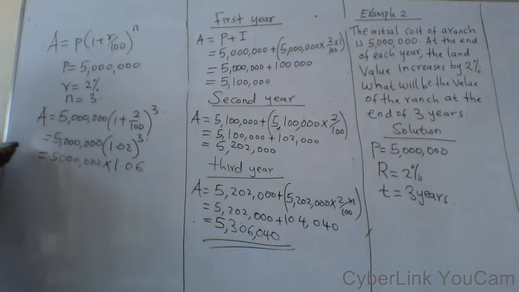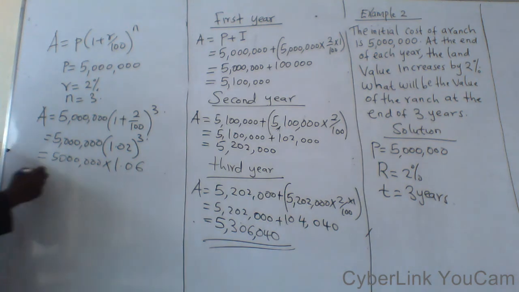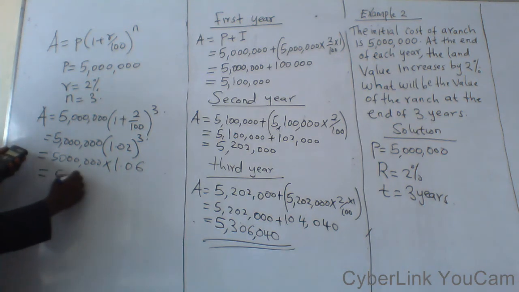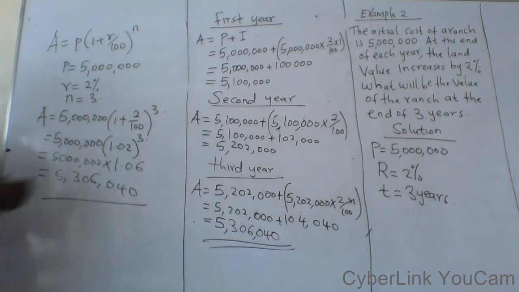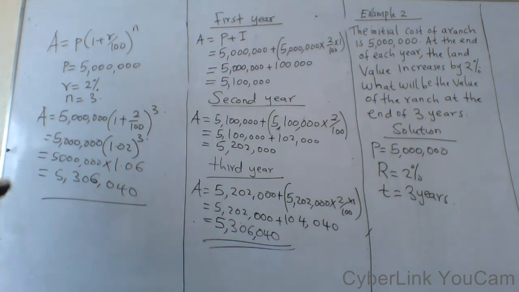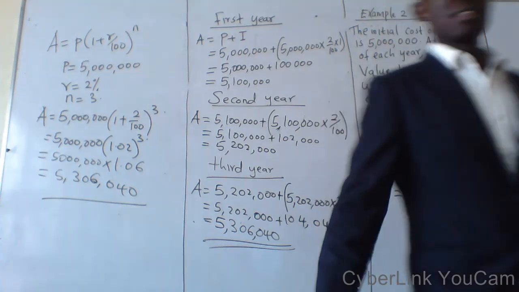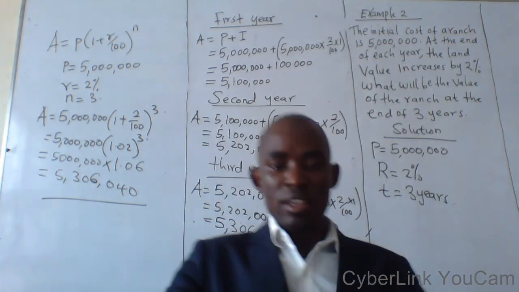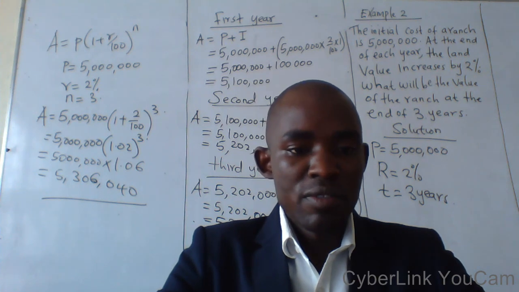So if you multiply this by 5 million, the answer is 5,306,040. You still get the same answer. So whichever method you use, the answer still becomes the same. And that is why we are saying you can use either method to solve this particular problem.